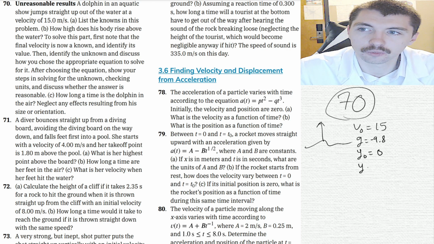Okay, we know y will be 0. No, I'm sorry, V will be 0, because when it reaches the top it will not be moving. So our final velocity is going to be 0 at the peak. So with this, you want to calculate Y.